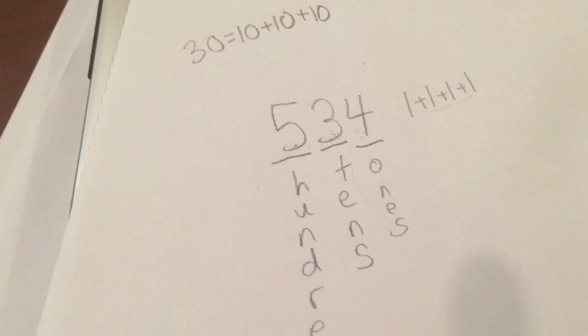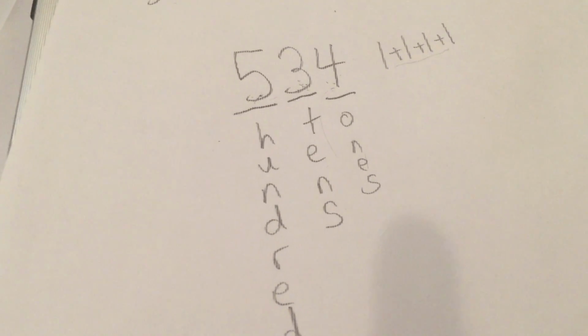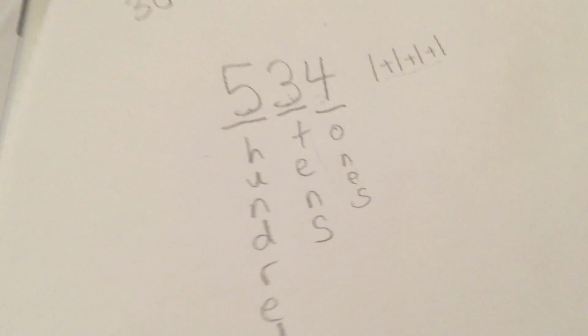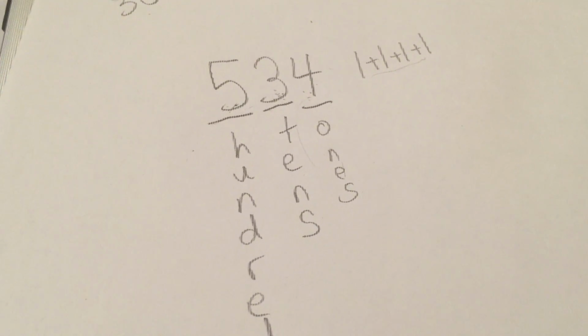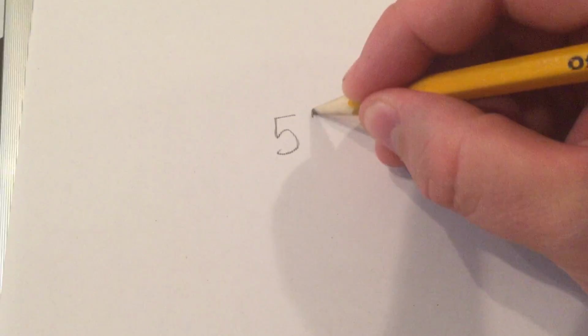Now, why is this important? Because if I want to add 10 or 100 to 534 mentally, all I need to know is the place values. So using a different sheet of paper, let's add to 534 without a pencil. I'll only use a pencil to write down the number, 534.